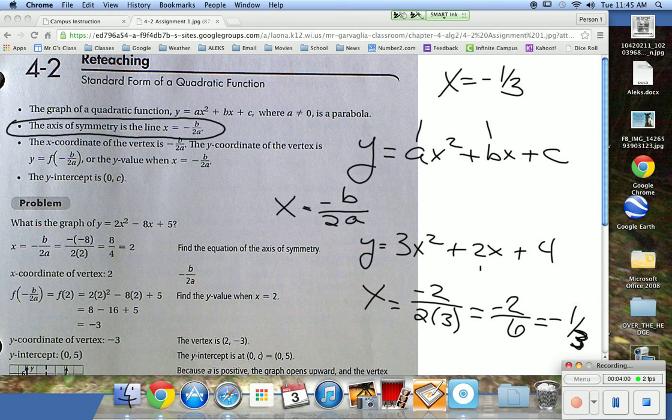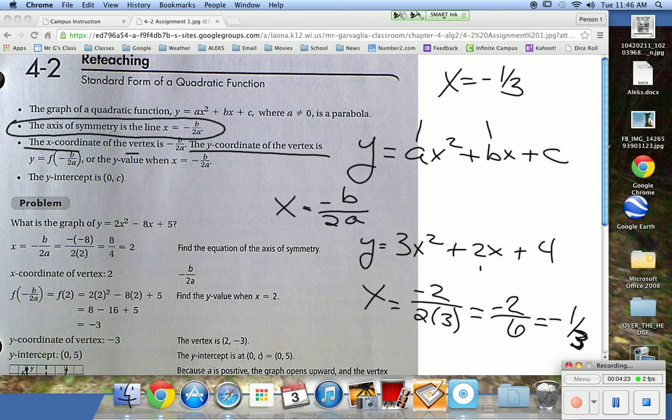So now we have figured out that x equals negative 1/3. What would be my y value? This is where we're going to create our vertex. The y coordinate is going to be the point where the vertex is at. So we're going to plug this negative 1/3 back into the equation and come up with a y value. Actually, it isn't very clean. I don't like the way this is coming out, but I'm not going to do it.